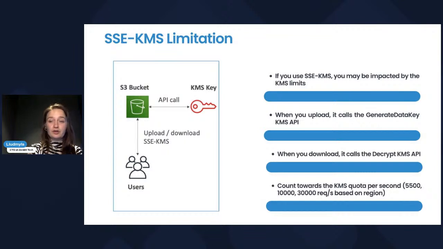And for these calls, you will have a quota. It's something like 5,500, 10,000, or 30,000 requests per second based on the region. You can increase the quota in the Quotas console, but just keep in mind that it's not unlimited.